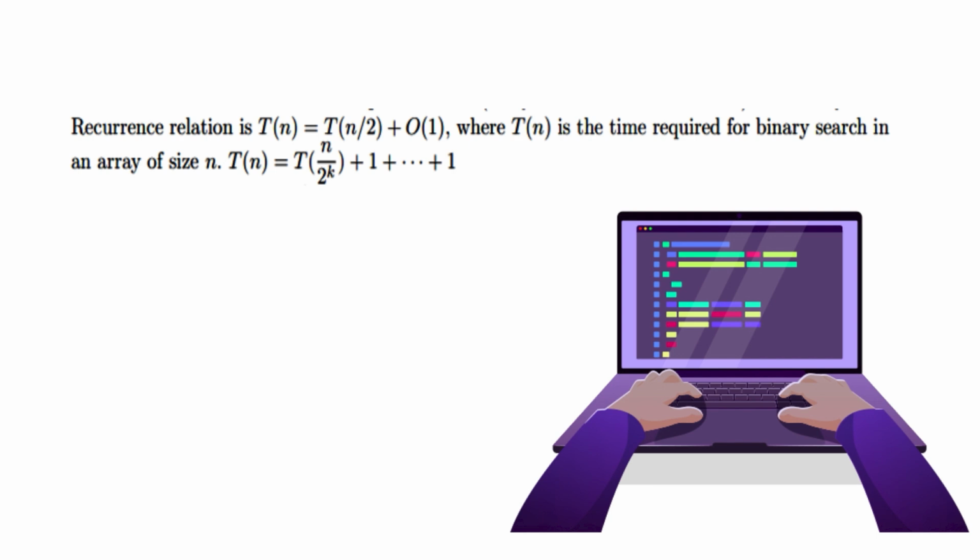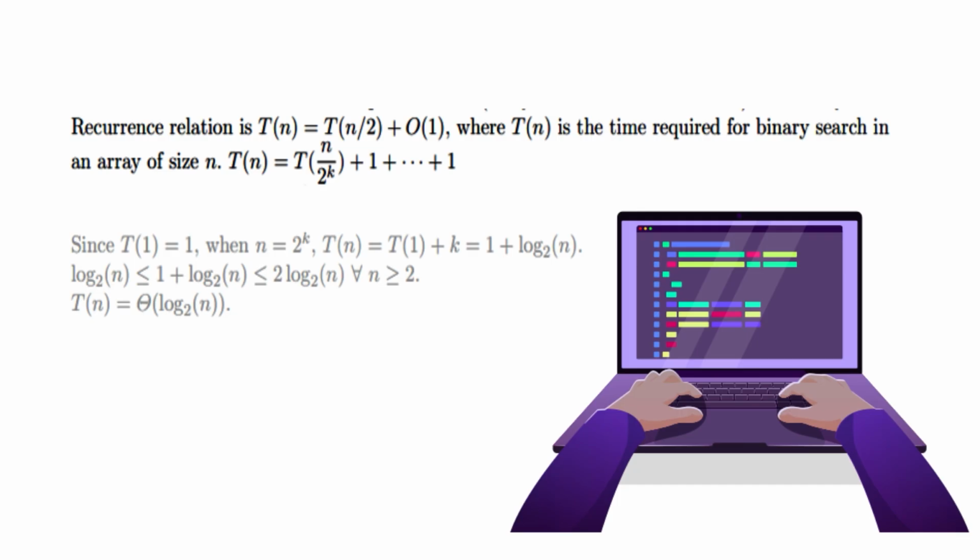So, after reducing the problem size at each iteration, after the kth iteration T(n) equals T(n/2^k) plus k, up to the k minus 1. Since T(1) means the problem size is 1, at that case only one element is there, so the number of comparisons will be constant.